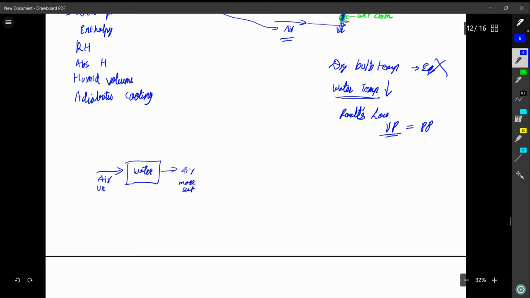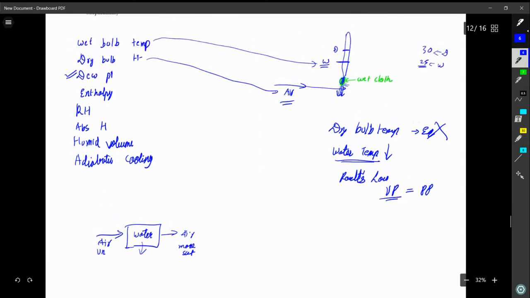From where is the water getting evaporated? It's taking heat from the remaining bulk of the water and getting evaporated, so the water temperature comes down. That's exactly the principle of how water gets cooled in an earthen pot. The minimum possible temperature of water here is also the wet bulb temperature.